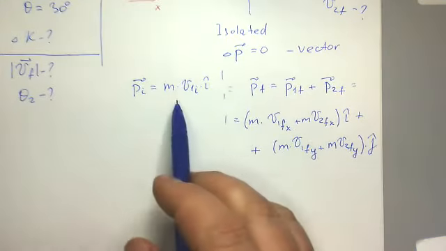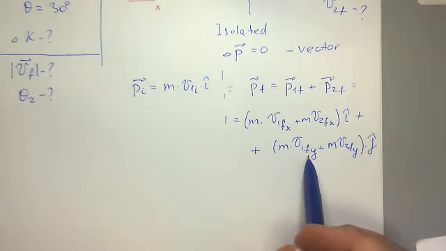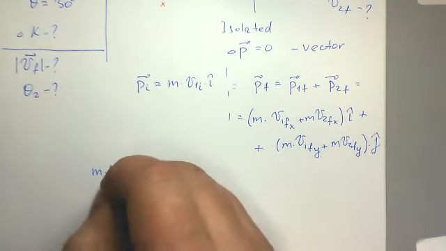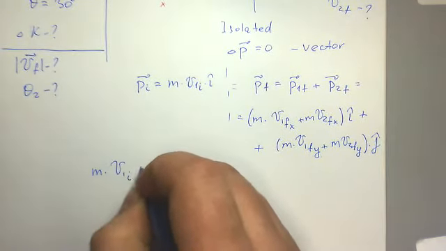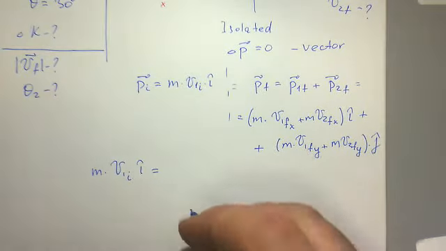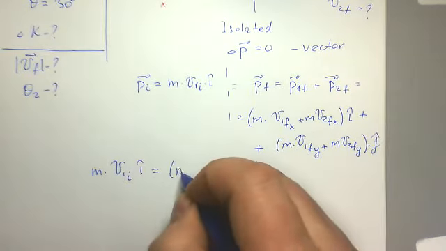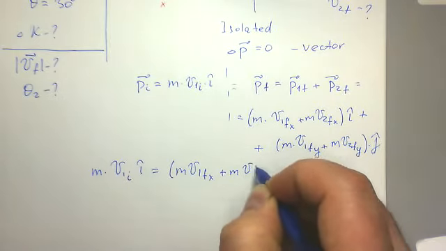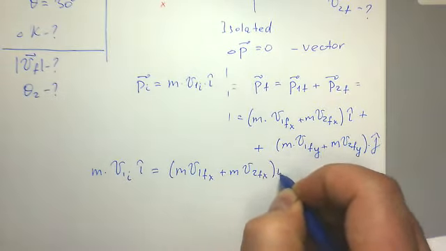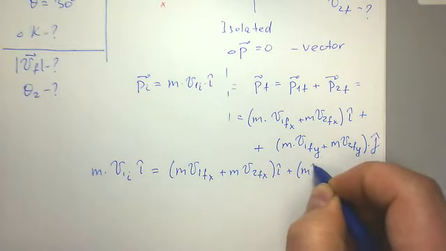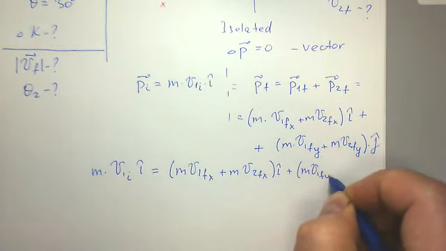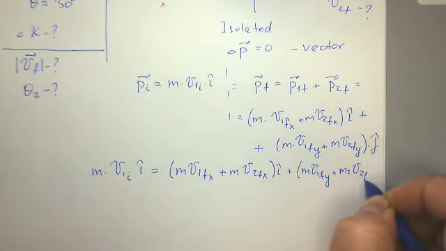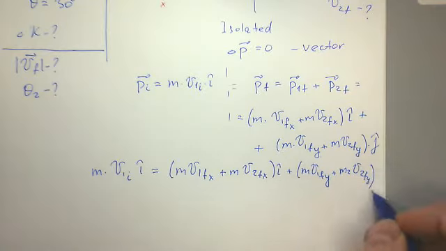So let's say that they are equal to each other, and we obtain this general expression: m times v1 initial i hat equals the x component of this momentum plus the x component of this momentum times i hat, plus m v1 final y plus m v2 final y times j hat.